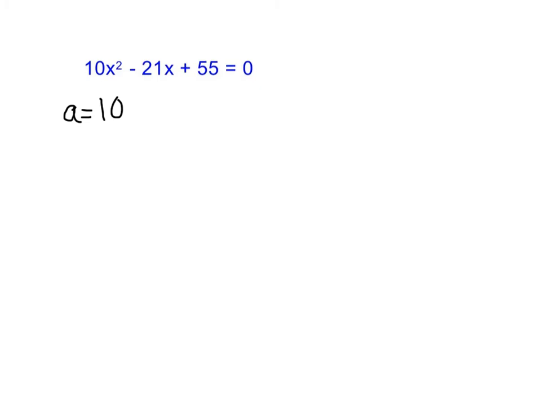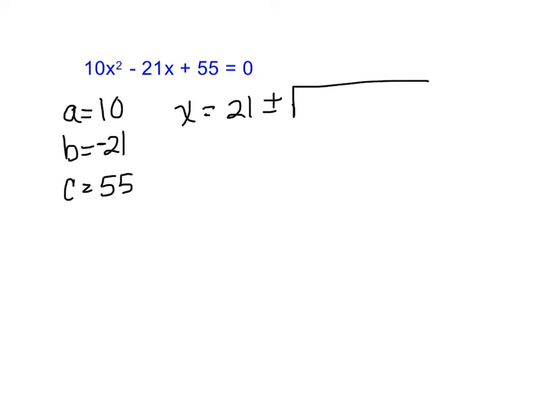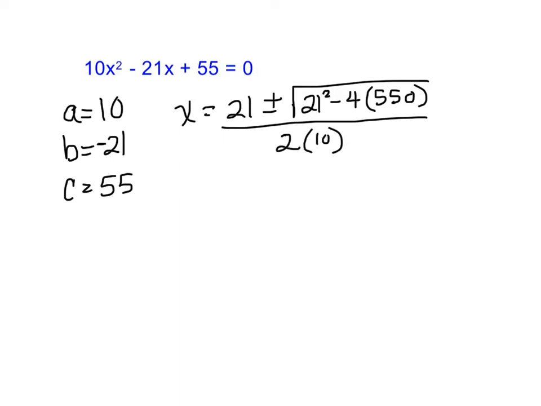Now, this one right here looks like it's going to be some big numbers. So a is 10, b is negative 21, and c is 55. All right, so I have x equals negative b plus or minus the square root of b squared minus 4 times a c all over 2a. Yuck. 21 times 21 is 441.